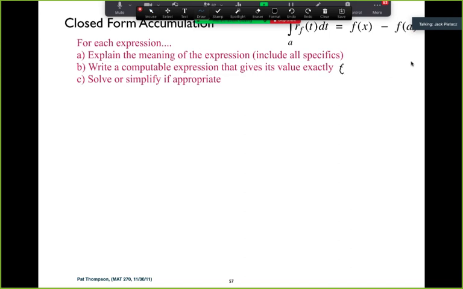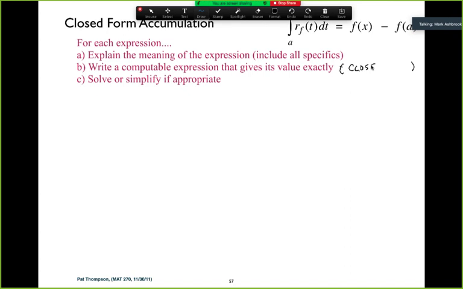The exact net accumulation. Yes, a computable expression that gives the value exactly is really talking about closed form. And then we're going to solve or simplify that closed form expression if appropriate.